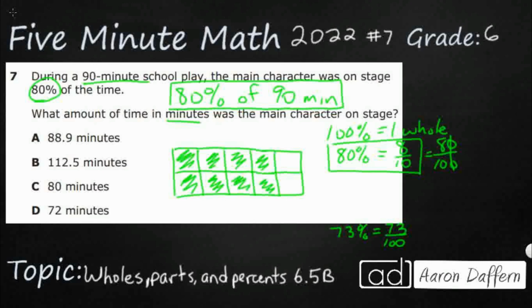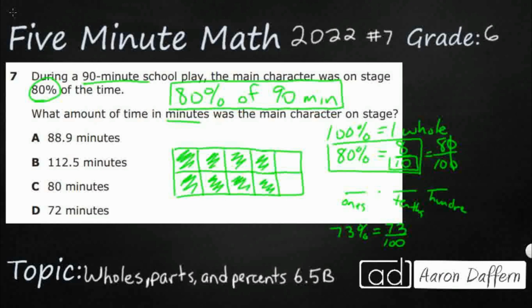Now, how does that help us with this particular problem? Well, if I can get this percent into a fraction, 8 tenths, take a look at my denominator, tenths. We also know that when we're dealing with place value, we've got our ones place, we've got our tenths place, we have our hundredths place.